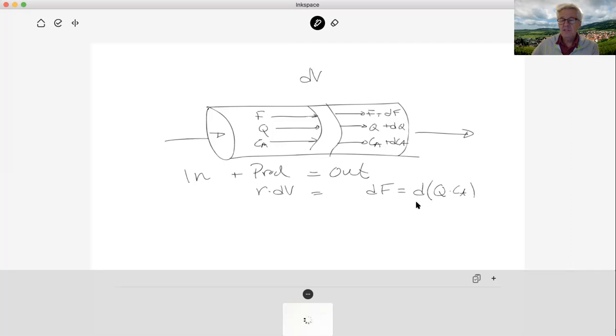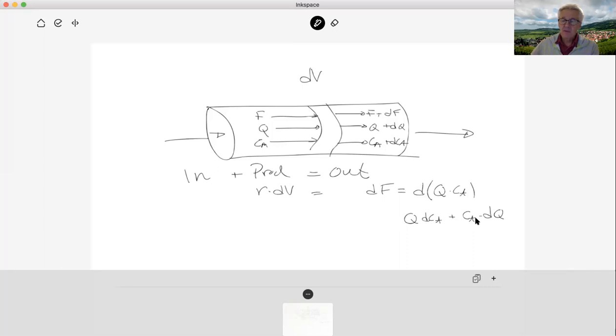And when you take a differential of the product of two things that may vary, we get an expression composed of two different parts, because the molar flux can change either because the concentration changes at constant flow, or because the flow changes at constant concentration.